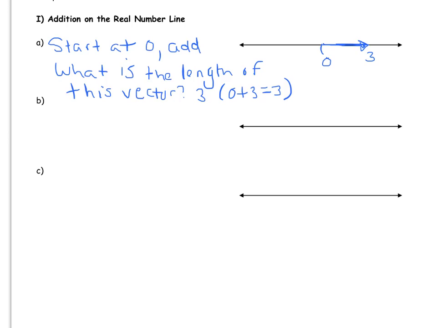Let's say in part B we want to add 2 to 3. So we're going to do that, and we'll do it geometrically. So what is the length of the new vector?